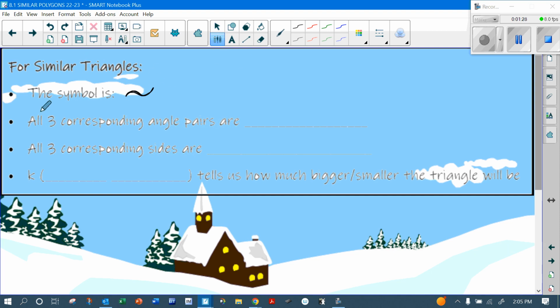All right. So all 3 corresponding angles are congruent, so all of their angles will be exactly the same. And all 3 of their corresponding sides will be proportional, meaning there is a scale factor. There needs to be a scale factor.